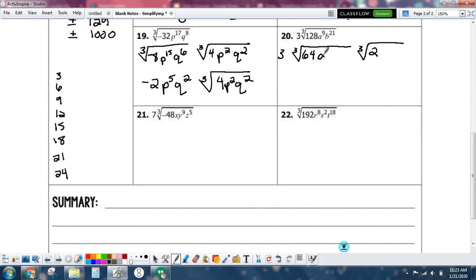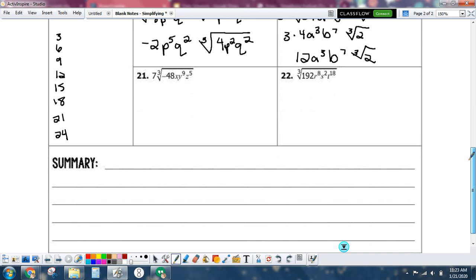So I'm just going to put both of those under the first radical. Okay, and then 3 times the cube root of 64 is equal to 4. 9 divided by 3 is 3. 21 divided by 3 is 7. And then bring down the cube root of 2. 3 times 4 is 12. A to the cubed, b to the 7th. Cube roots of 2.